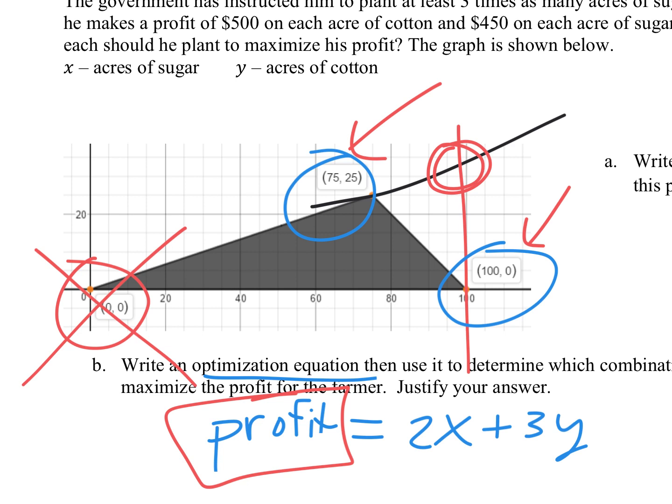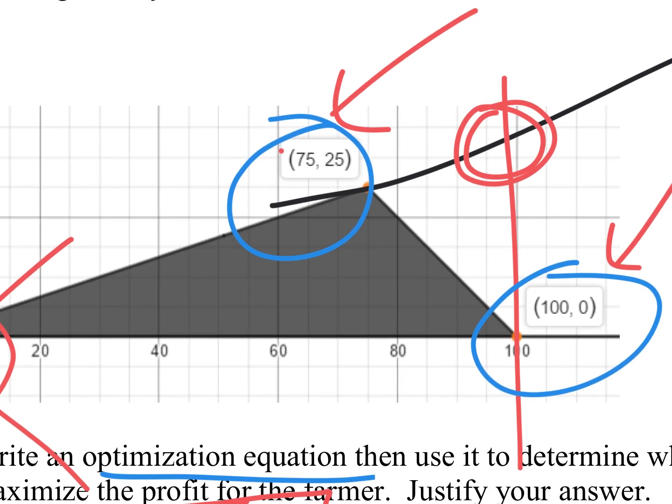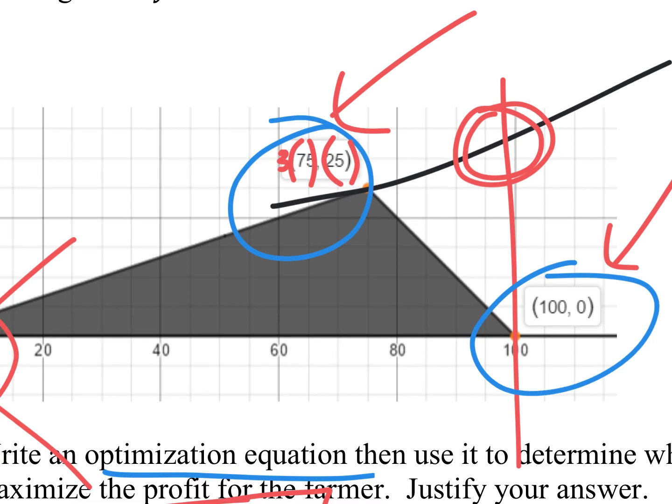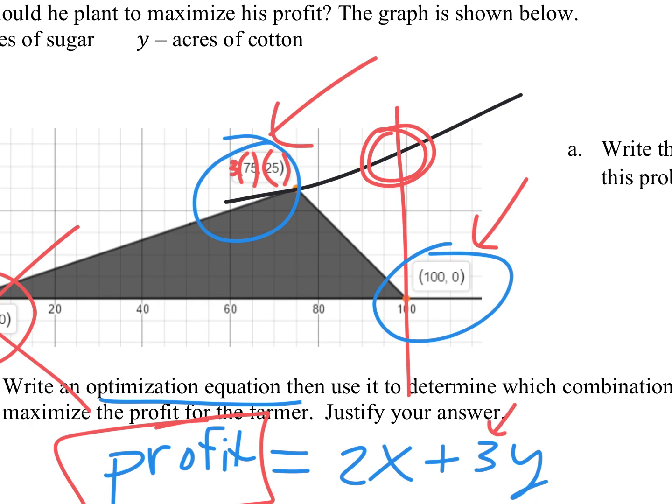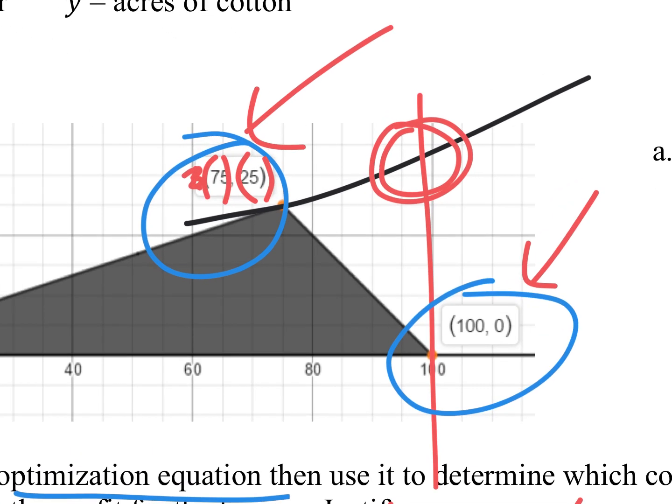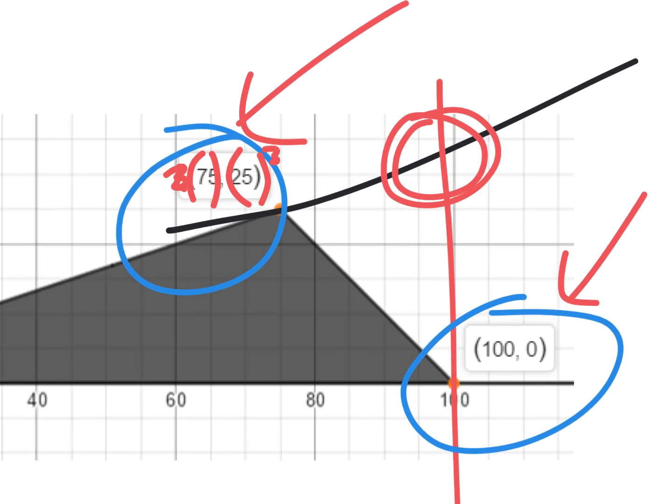I know which one gets you more profit. Do you? So I get 3 for each X. 3 times the 75. And for the 25, which is the Y's, those get, oops, I did it wrong. I get 2 for each X. And I get 3 for each Y. So this would be 2 times 75 is 150 plus 25 times 3 is 75.